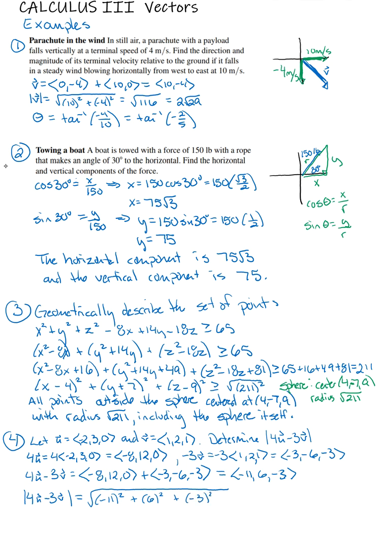So square each of those, add them all up, take the square root, we end up with the square root of 166.